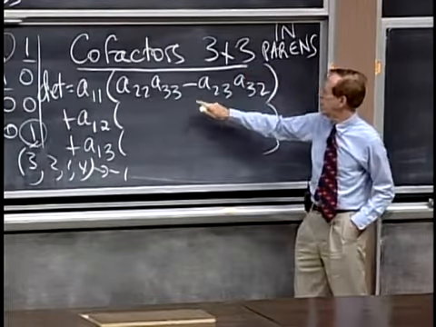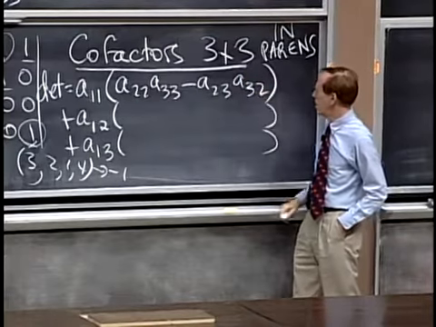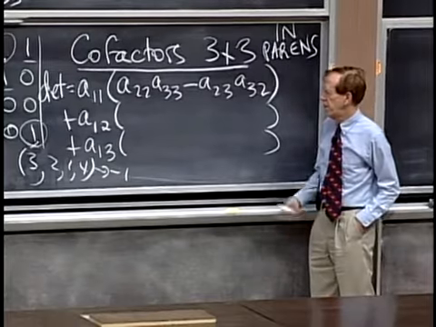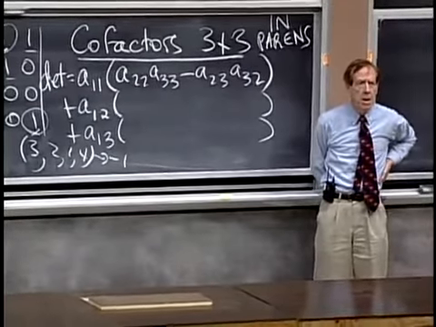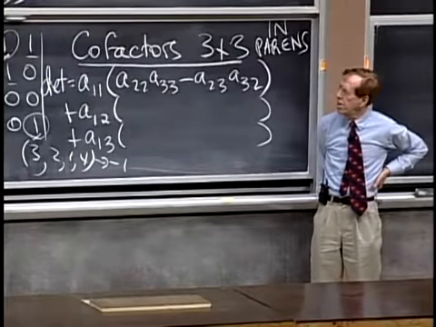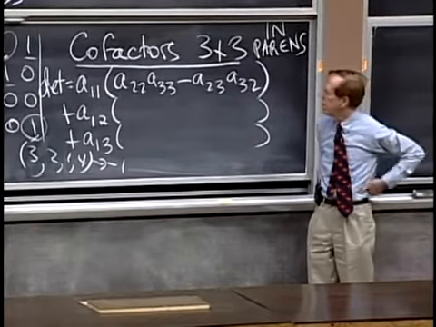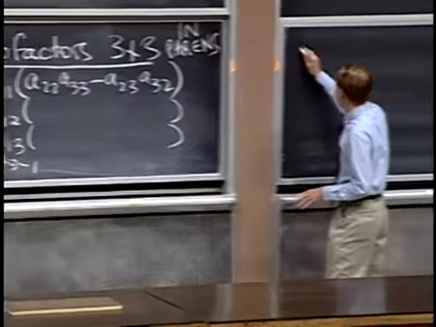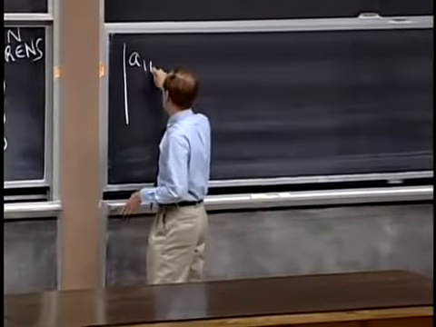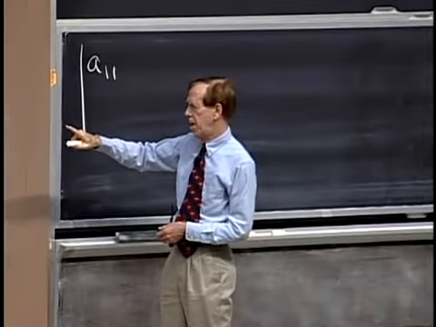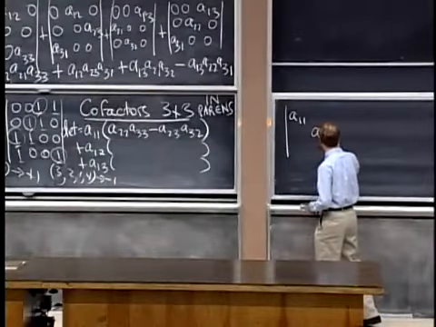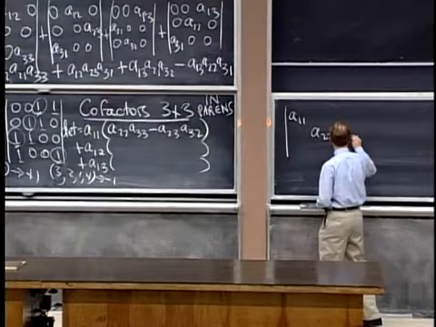Tell me what A22, A33 minus A23, A32 is for this. Do you recognize that? Let's see, I'll put it here. There's the A11. That's used column 1. Then there are the other factors that involve these other columns.